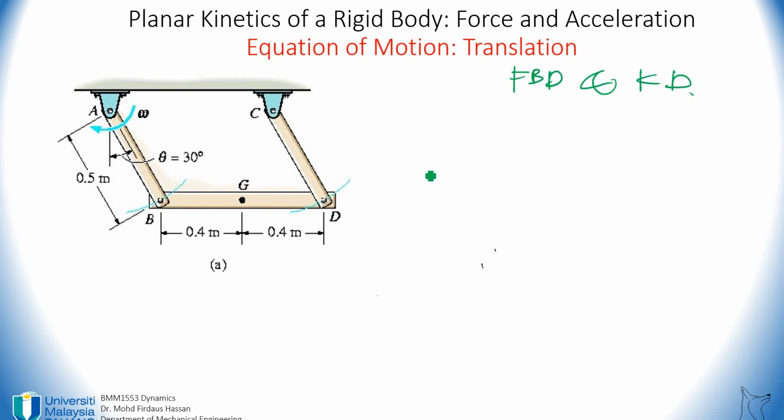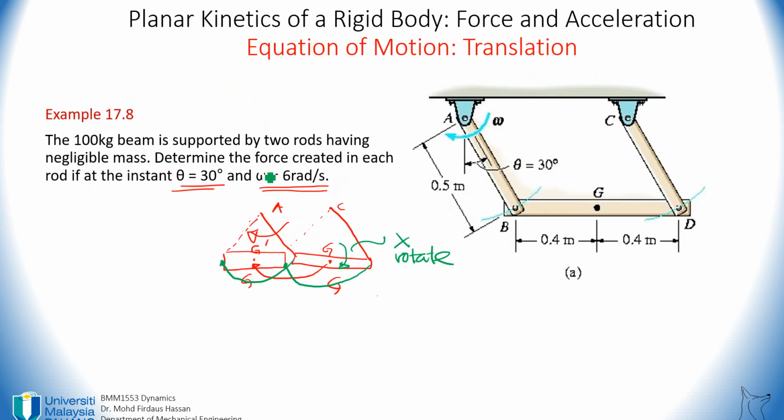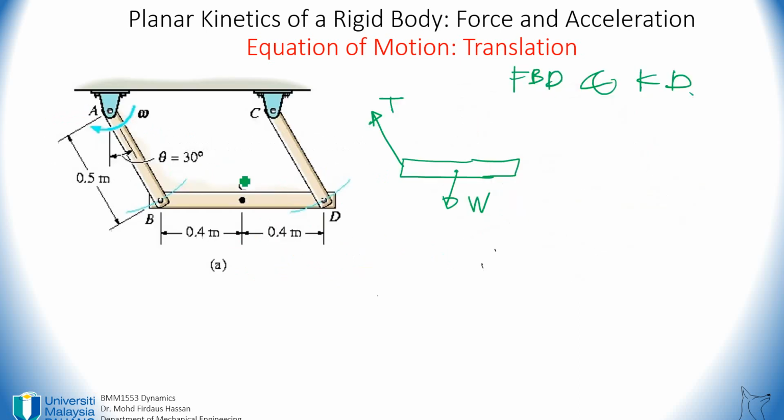For the FBD, you have the rod, you have W downwards, and you have tension, because you have to find the forces created in each rod, so I put it as tension T. I also have another tension due to cable C, which I denote as TC.